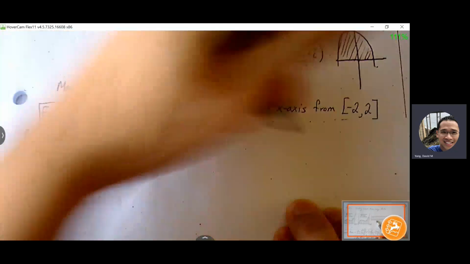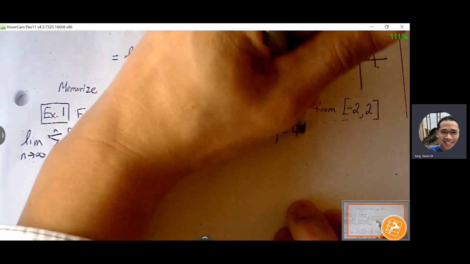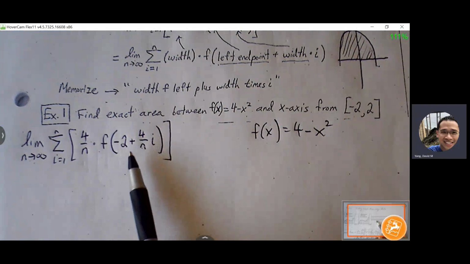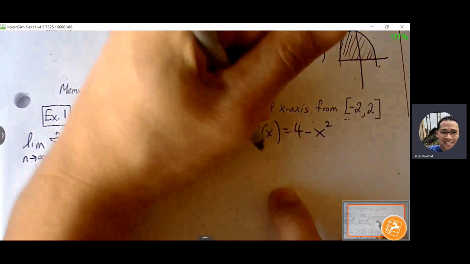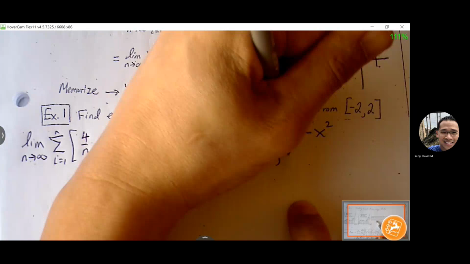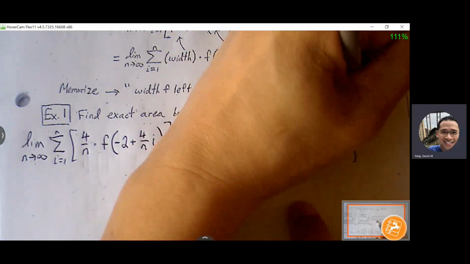Okay, so let me just step off to the side and say, okay, here's my function. My function is 4 minus x squared. But we have to make sure that we are inserting the argument correctly into the function. Okay, and here is the way that we can do it without making a mistake. Go ahead and rewrite the function and leave a parentheses around every x that you see.